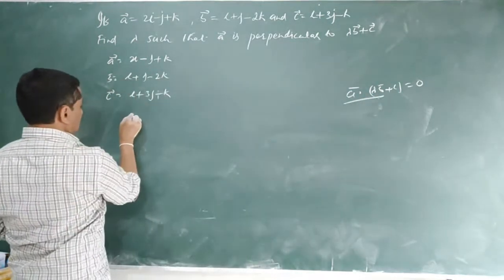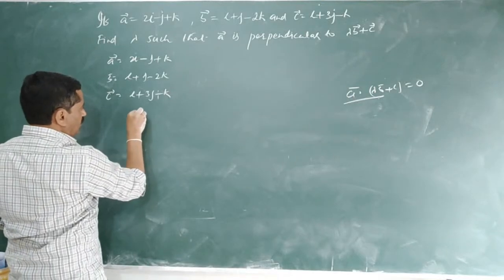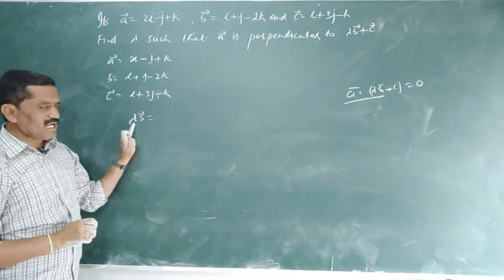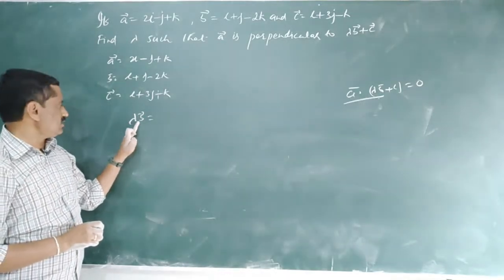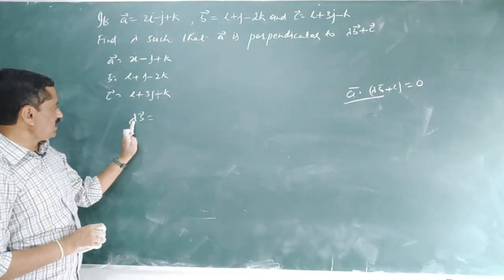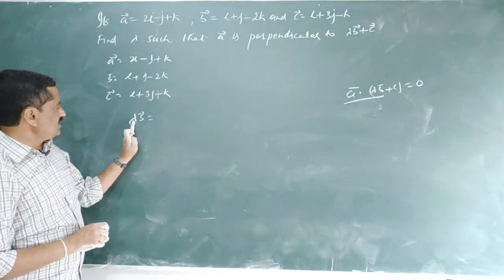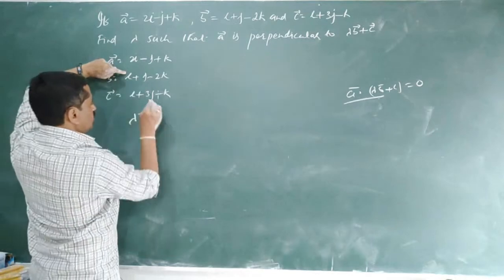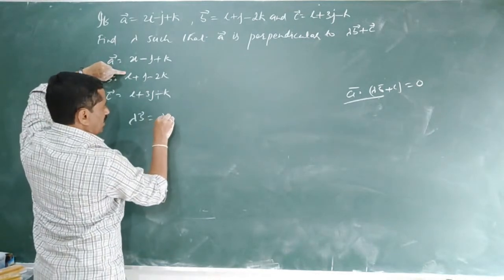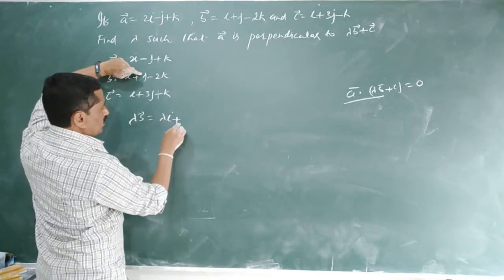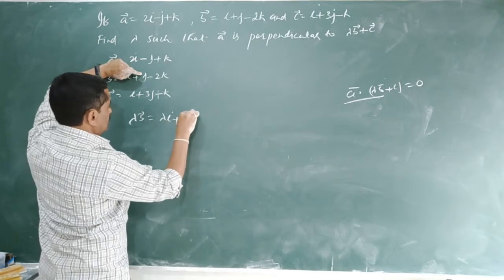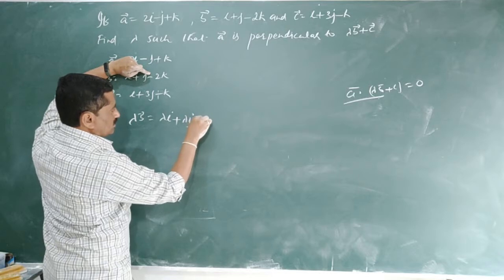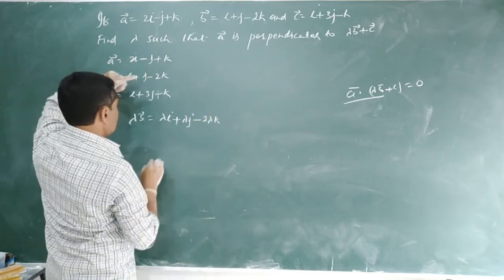Lambda into b bar is multiplying a scalar to the given vector, so multiply lambda to each scalar component of vector b. So that is lambda into 1, that is lambda i, plus lambda into 1, that is lambda j. Again minus 2 into lambda, that is minus 2 lambda k.